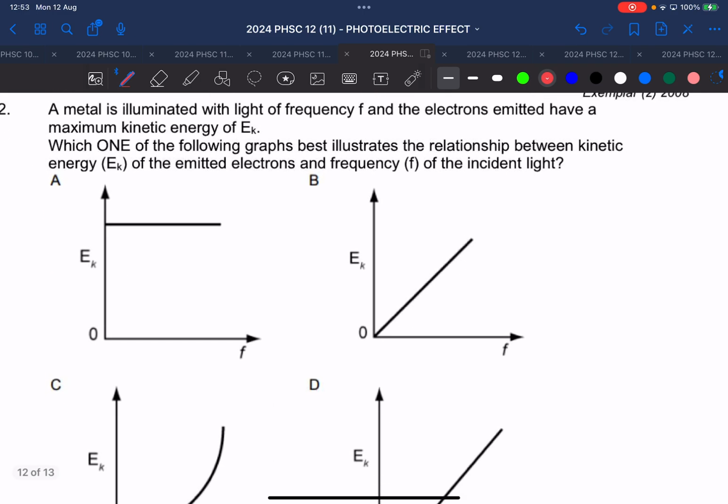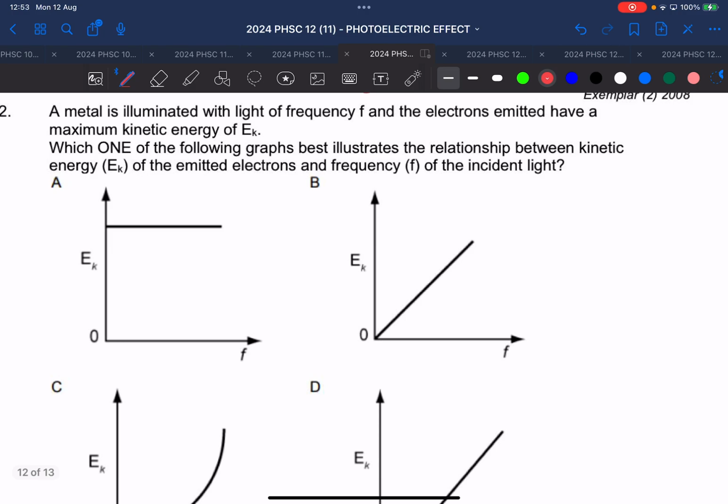Right, it says there, a metal is illuminated. Which one of the following graphs best illustrates the relationship between kinetic energy of emitted electrons and the frequency of the incident light? We are referring now to this formula. We're comparing this with this. They are directly proportional to one another.